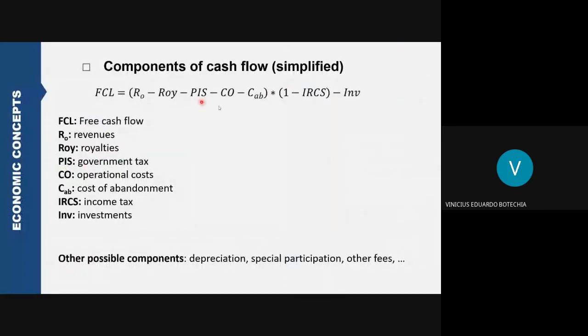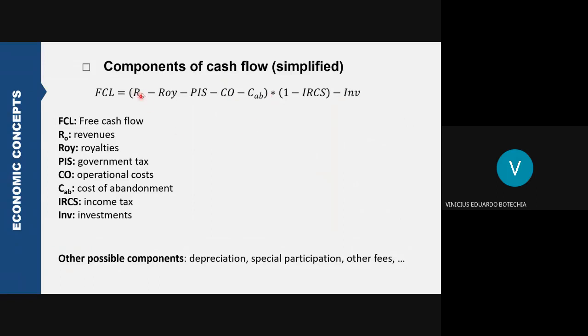Right? These are simplified components of cash flow. These will change according to regulations, according to the tax fiscal system of the countries, and so on. You can consider other things here, but this is a simplified way to show a cash flow. We use the Brazilian tax system, right?